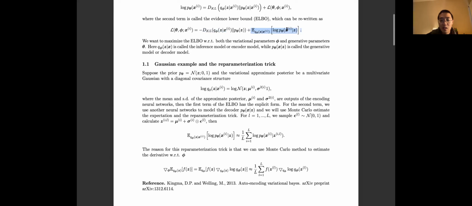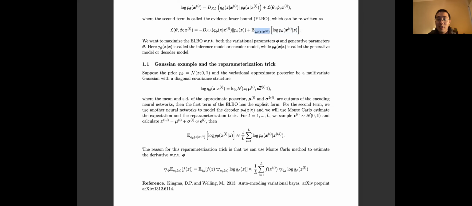the decoder part, usually we will use the Monte Carlo method to estimate the expectation, and to optimize the neural network, we need to use the reparameterization trick. Because to use the Monte Carlo method, we need to sample Z from this distribution here, and recall that this is a normal distribution.